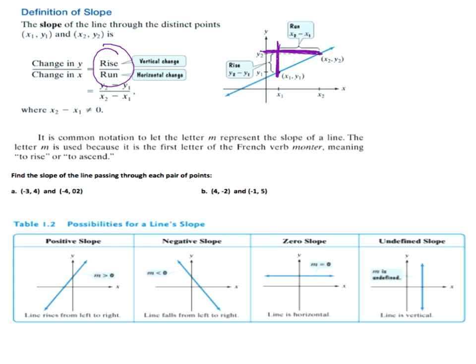That's where we get the whole rise over run definition for the slope of a line. You can see right here we have the change in y, so that's the change in vertical position over the change in the horizontal position. That can also be written like this: delta y over delta x.